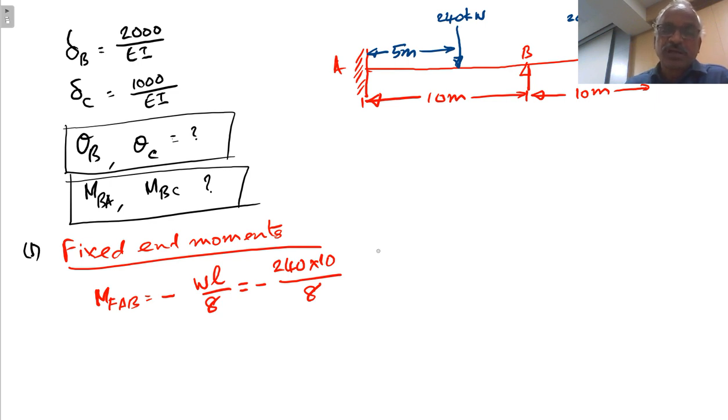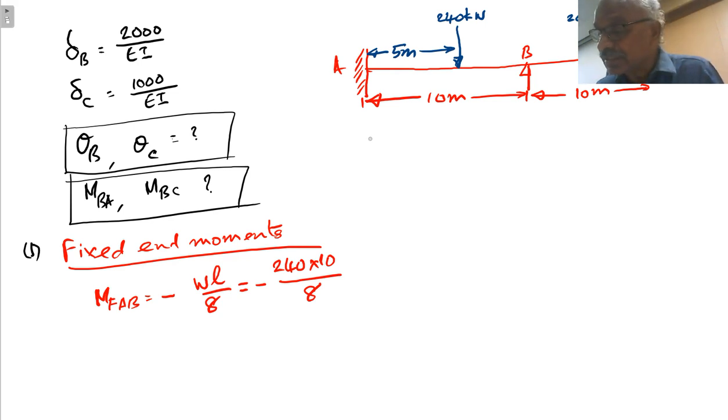Now here I want to tell you one point. There is a settlement. Support B settles by 2000 by EI. Support C settles by 1000 by EI. If there is no other provision to account for these settlements elsewhere, then you have to account for them here. We know compared to the left support A, support B settles.